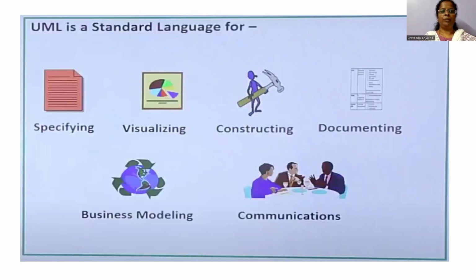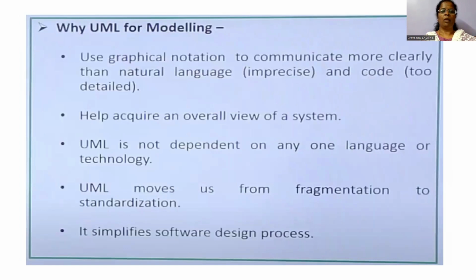Okay. So as I said before, UML is a standard language for specifying, visualizing, constructing, documenting, business modeling, and for communications. Why UML for modeling? It uses graphical notation to communicate more clearly than natural language.